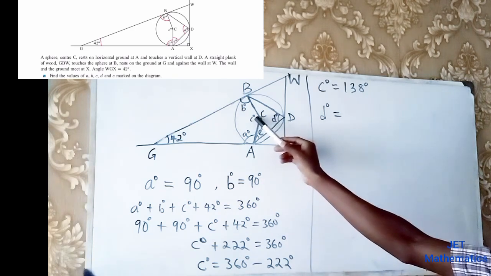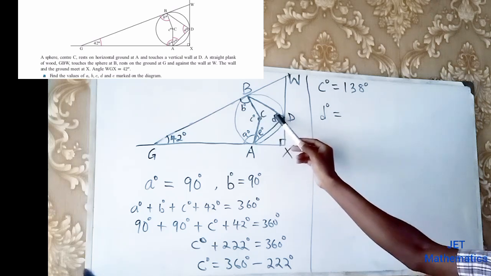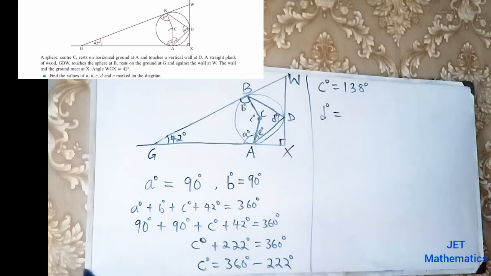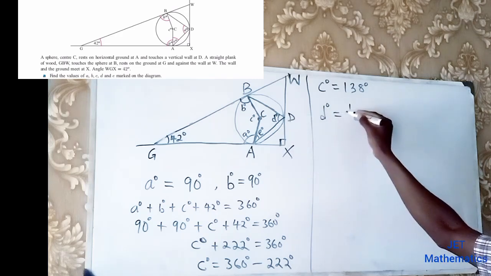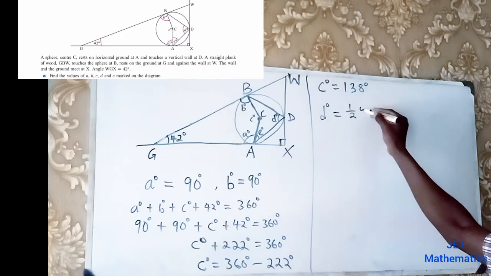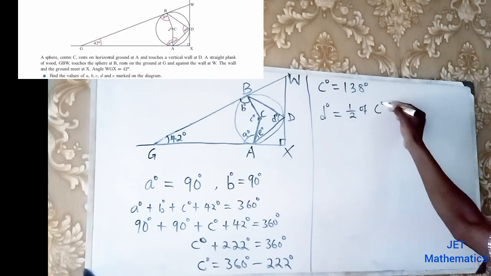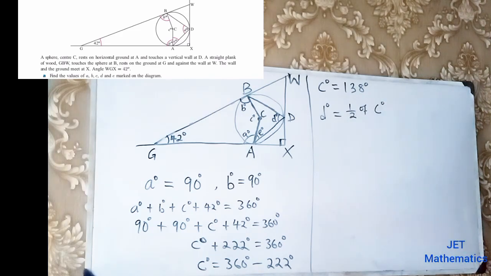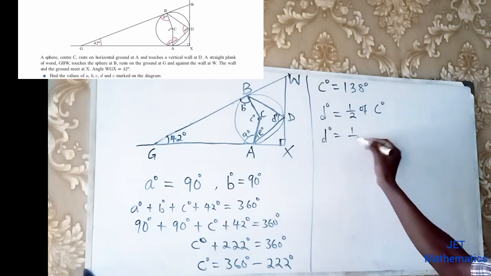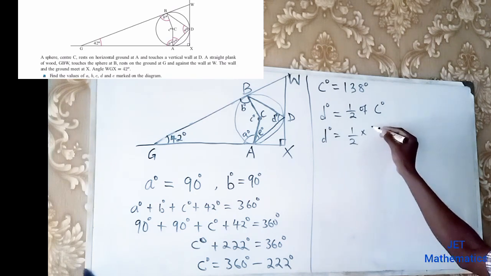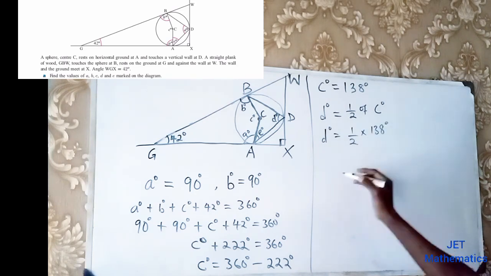That is to say that D is equal to 1/2 of C. So D degrees is equal to 1/2 times 138 degrees.